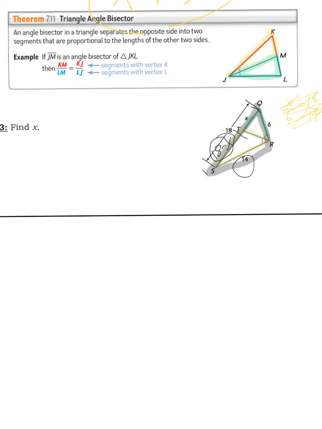Alright, so let's write that off to the side over here. So I got 18 minus x over 14 is going to equal the diagonal side, we'll just call it that.